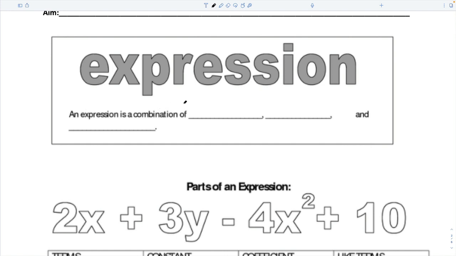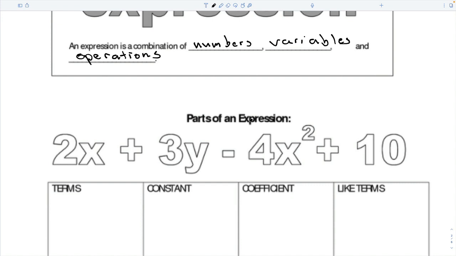An expression is a combination of numbers, variables, and operations: add, subtract, multiply, divide. Expressions do not have equal signs. Expressions are just going to look like this.